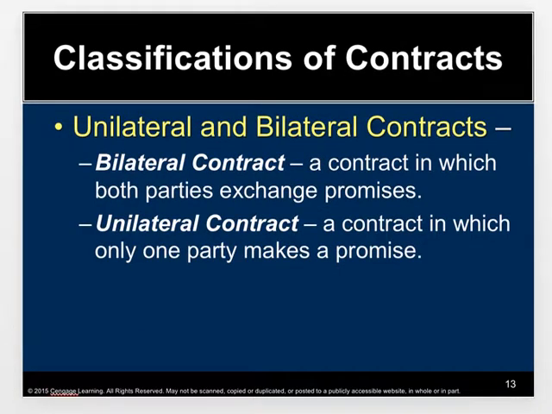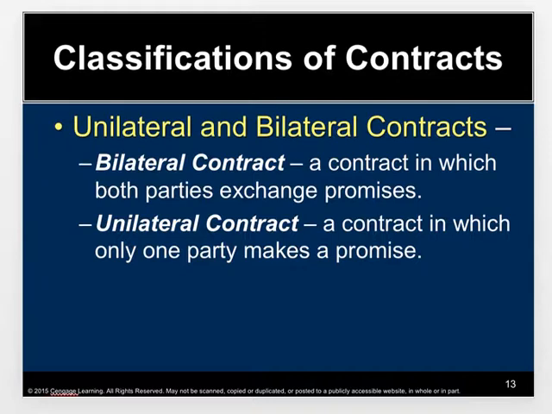We also have another distinction, which we call unilateral and bilateral contracts. Most contracts are bilateral, and that's a contract in which both parties exchange promises. So in other words, let me go back to my house example, my real estate.